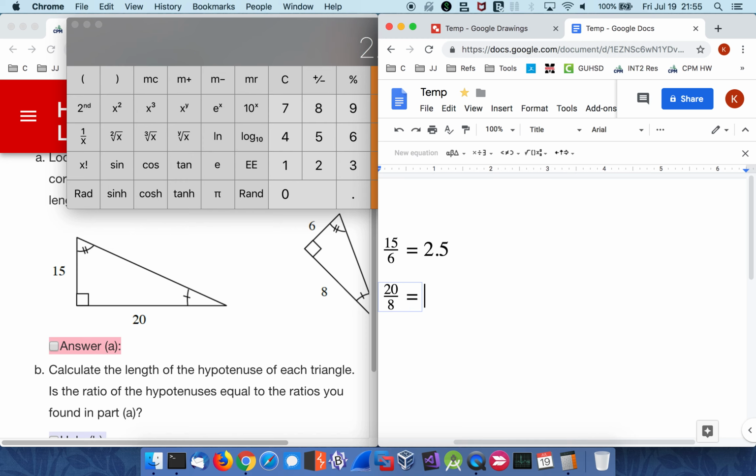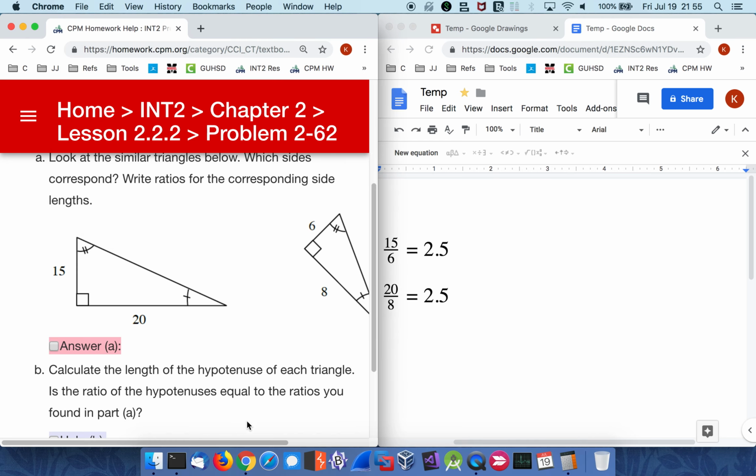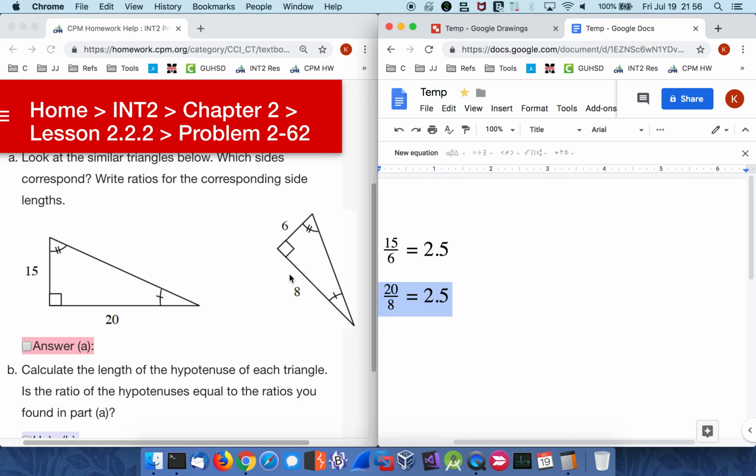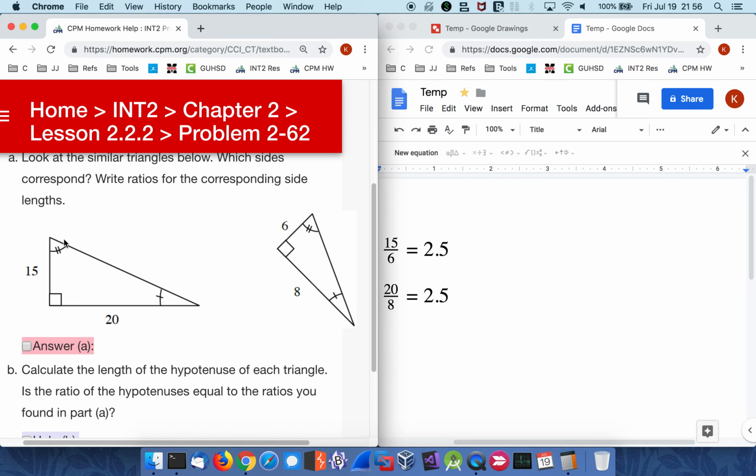Cool. So the ratio of that side to that side is 2.5. The ratio of that side to that side is 2.5. So when we calculate out the hypotenuse here, the ratio of this hypotenuse to that hypotenuse should be 2.5, right? If the triangles are similar, which so far it sure looks like they are because all the angles are equal, right? Well, actually they are because all the angles are equal.